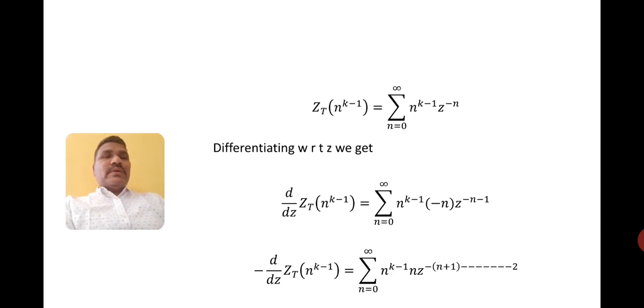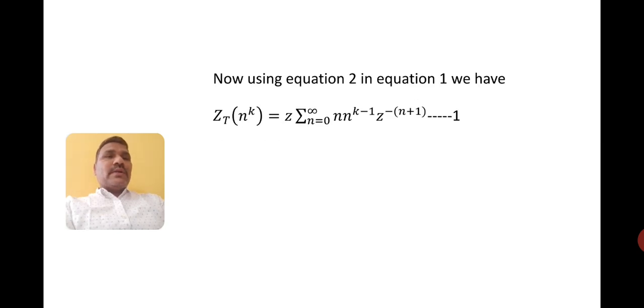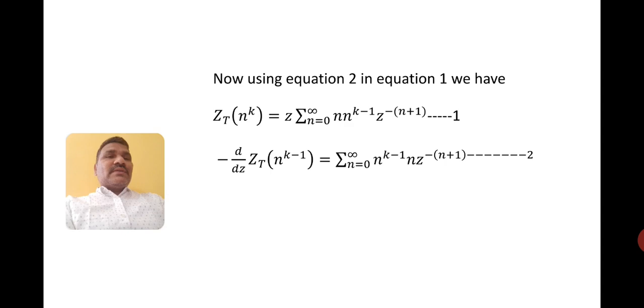Now I got equations 1 and 2, and I want to use equation 1 in equation 2. This is equation 1 and this is equation 2. Whatever the summation is, just see in equation 1, z summation n runs from 0 to infinity, n to the power k minus 1, z to the power minus (n plus 1).